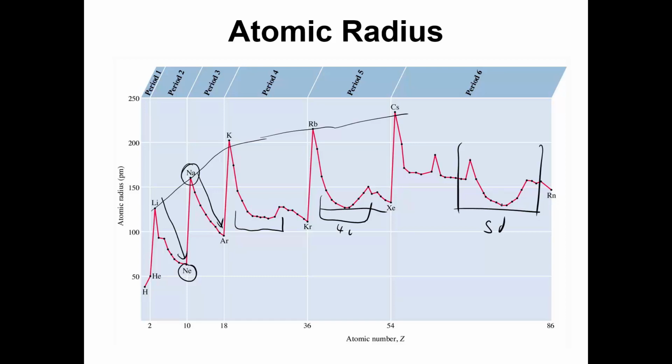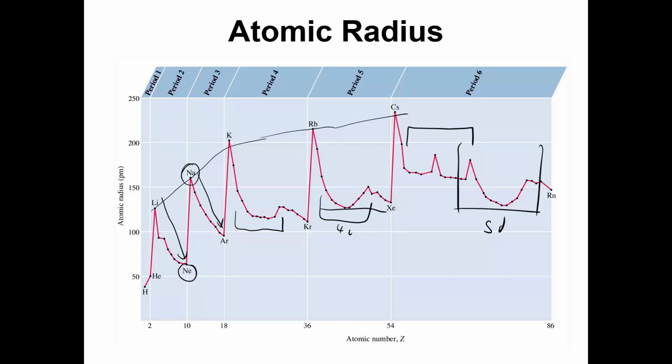And so what happens is they almost have the same radius, and that's because it's all related to that effective nuclear charge. You have these f elements, if you remember, after lanthanum, you get 14 elements from the f block that are inserted. So you have 14 electrons that are added on the same shell. So you are actually really pulling that in. It's a contraction.